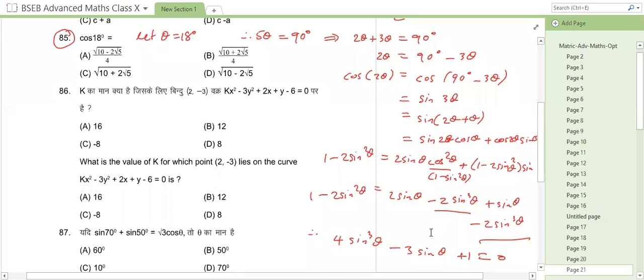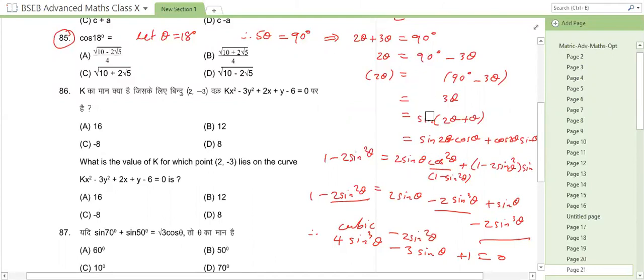Okay. So maybe it was a bad idea taking a cos there, because we forgot one more term there, which is minus 2 sine squared theta. So we have a cubic, right? So we need to try to take this out, and instead of cos, let's switch it to sine. I think that would have been a better idea.